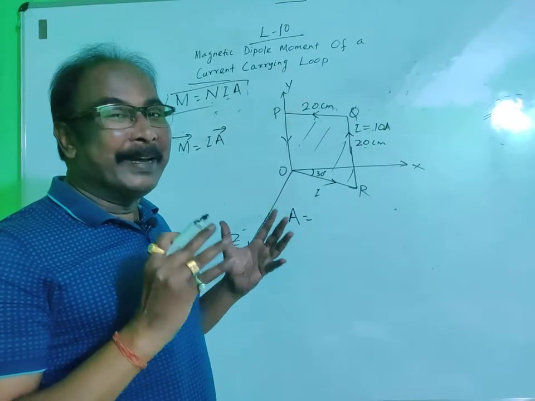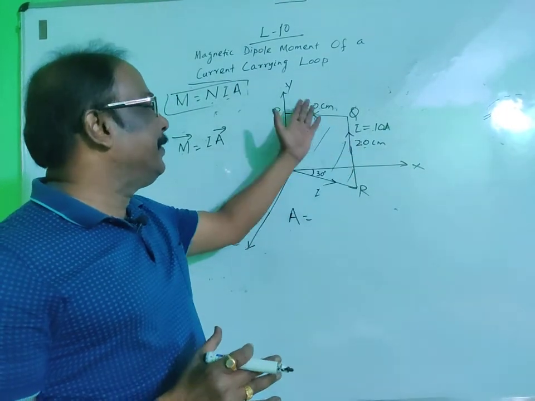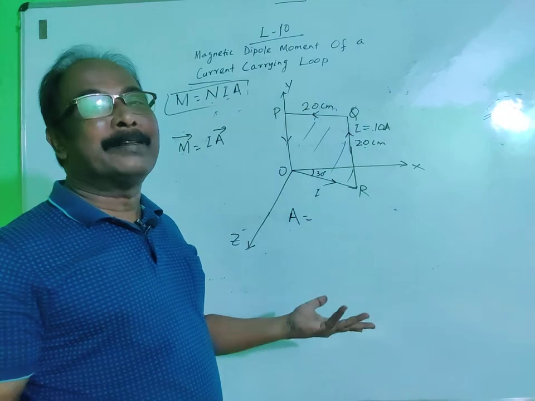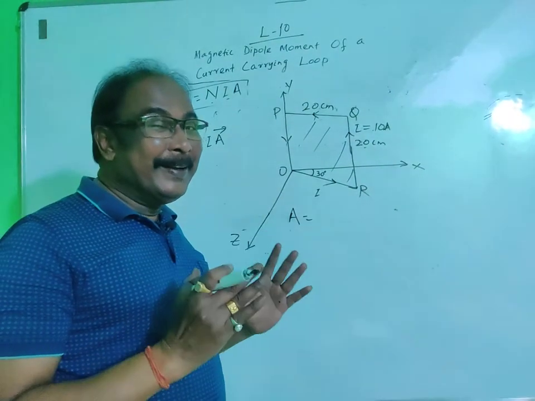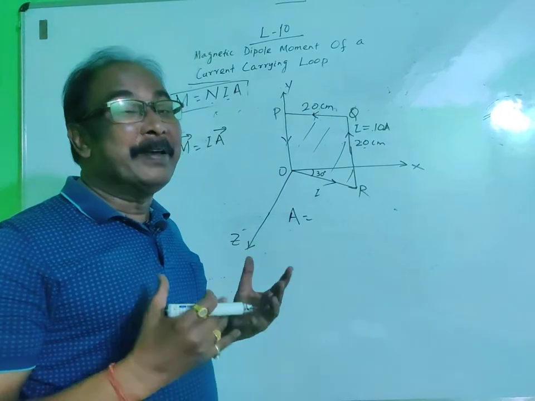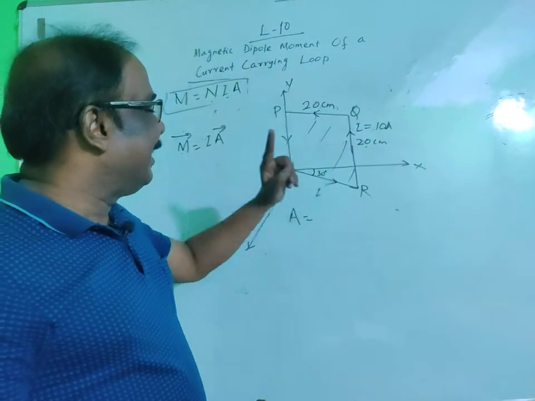No, we need the magnetic moment along the direction of the area vector, so area in vector form. The magnitude of area is 20 into 20, 400 centimeter square. But we have to represent area in vector form. This angle is 30.